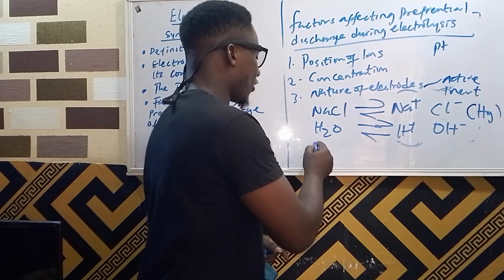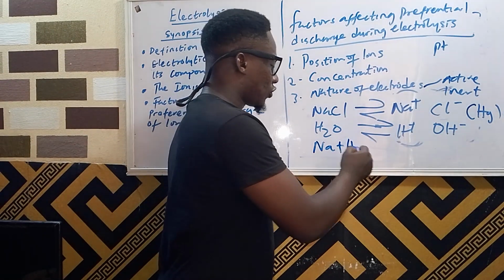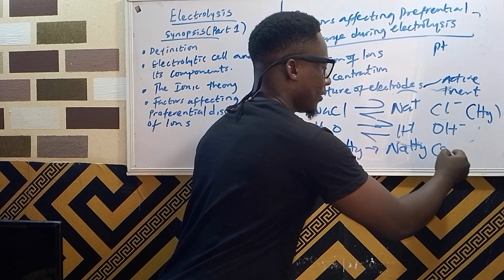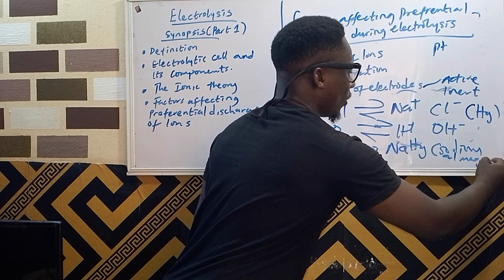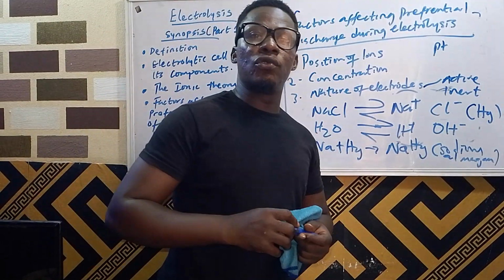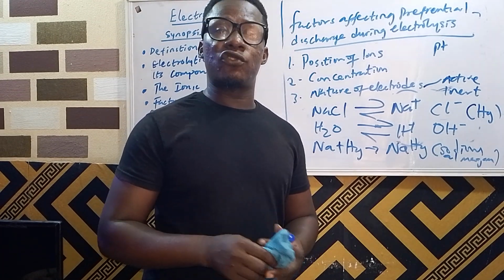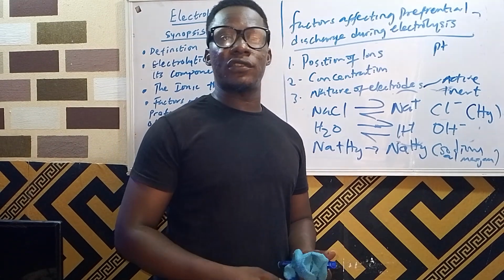Why? Because mercury has affinity for sodium. So mercury reacts with sodium to form what is called sodium amalgam. This number 3 factor helps us to determine what choice of electrode we need to use when we are performing electrolysis.